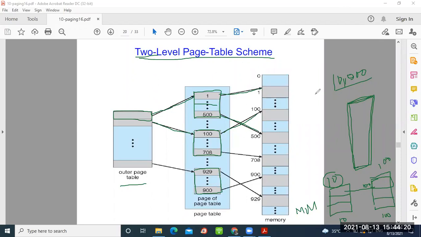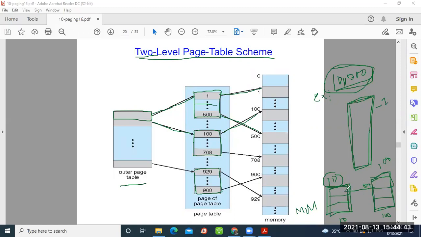For example, if I want to maintain a page table of 10,000 blocks, there can be two options. Either you maintain one page table with 10,000 blocks, or you can take two page tables: the first with 10 entries and the second with 100 entries.